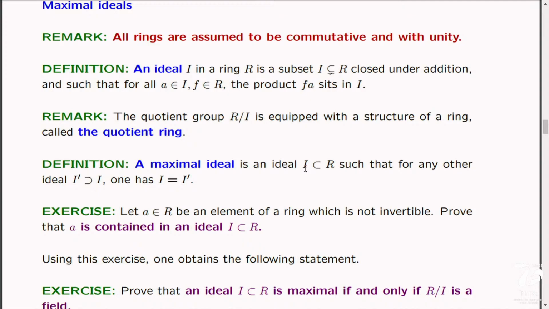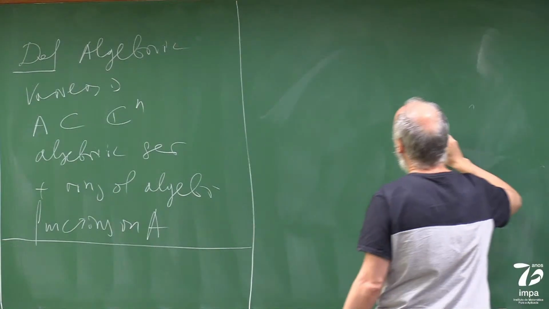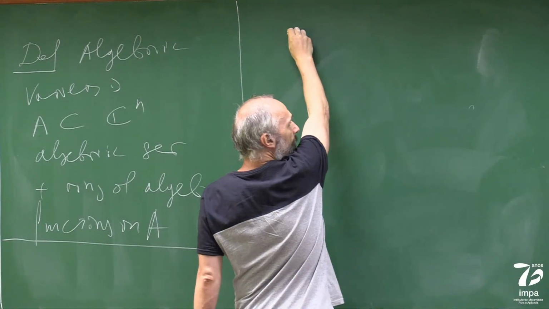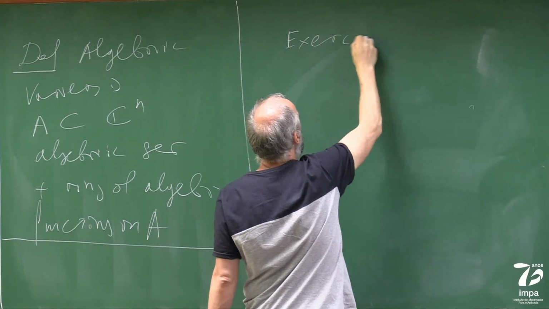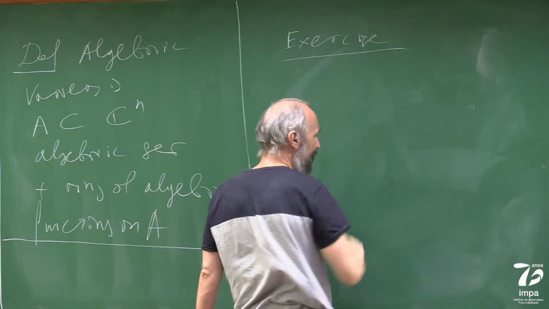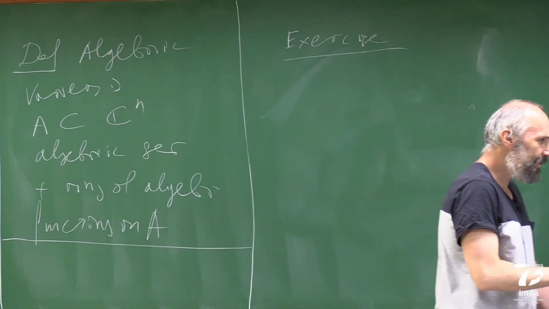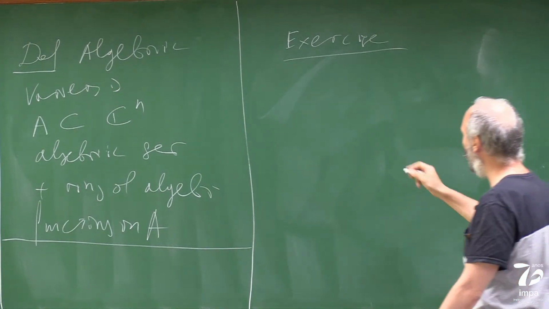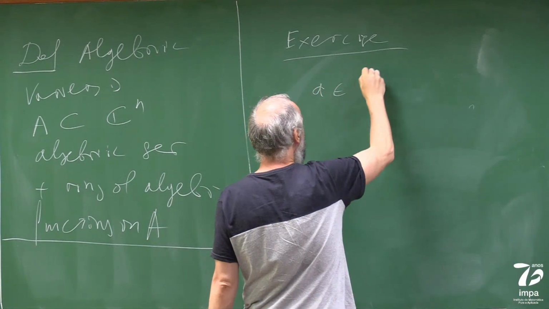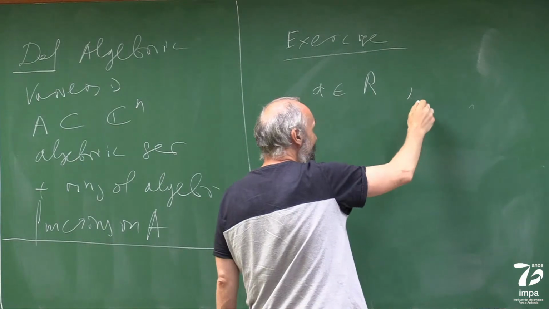Okay, so the first trivial observation is a remark or exercise. Here I should just ask some student to solve it. But anyway, suppose you have A inside a ring R, and A is not invertible.